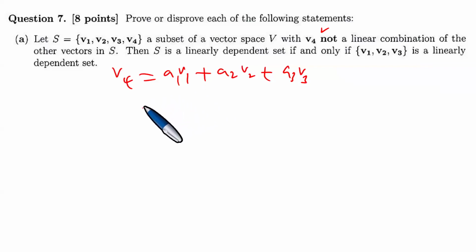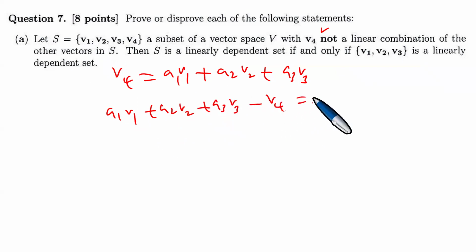And it would mean, if you write the things differently and rearrange, that A1V1 + A2V2 + A3V3 - V4 = 0. So you'd have a scalar that is not 0 in this linear relation, a homogeneous system where not all the scalars are 0.